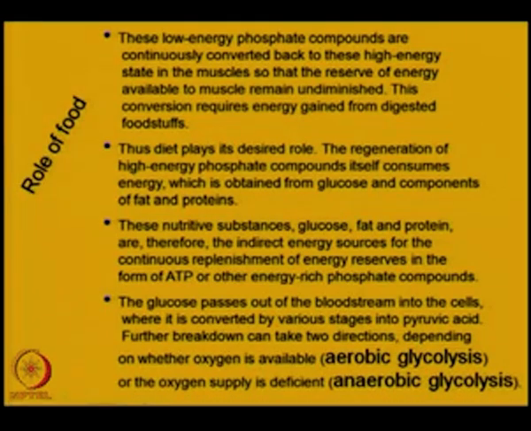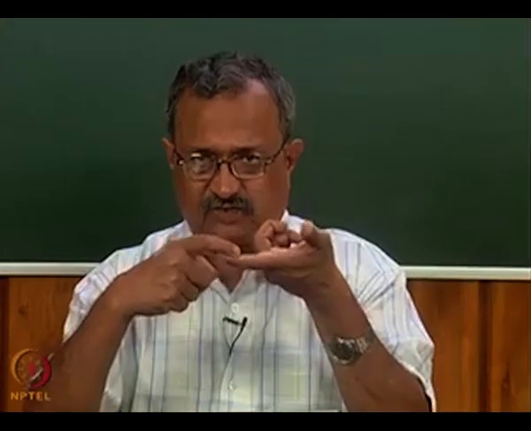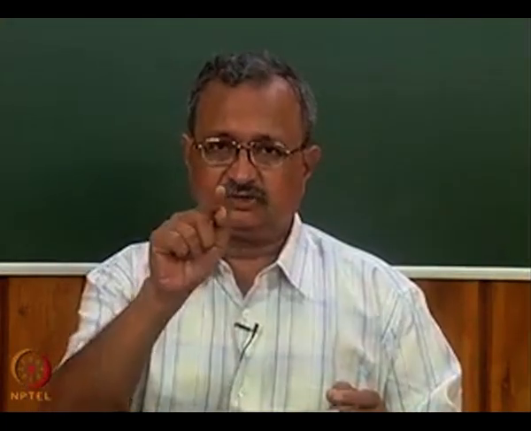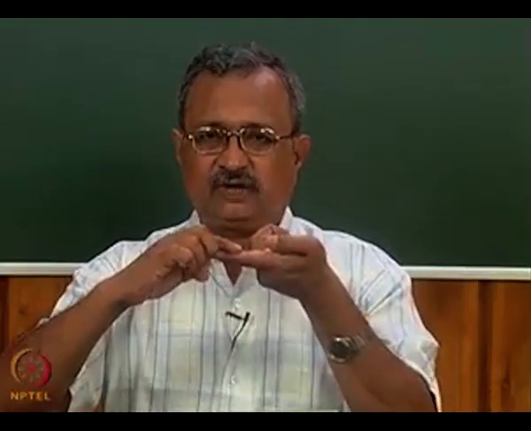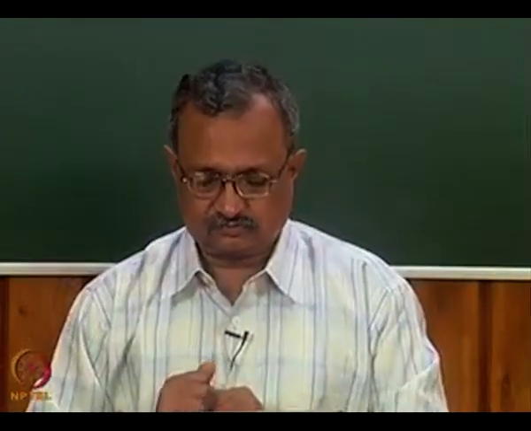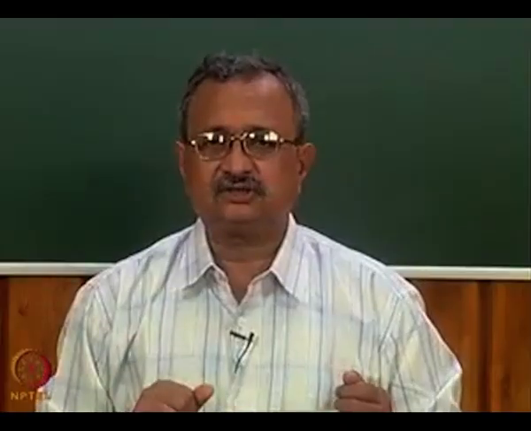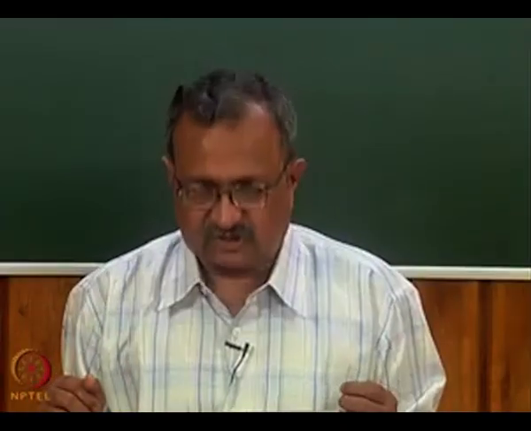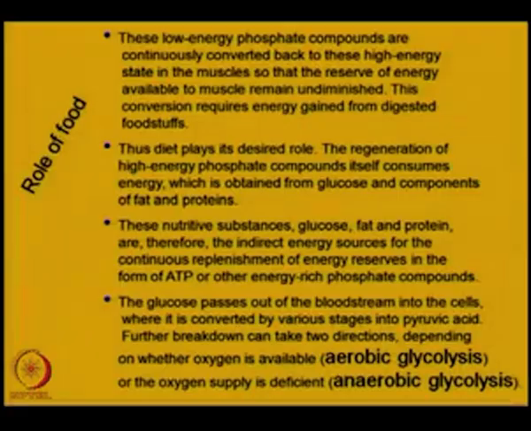So, when muscle contraction takes place, this ATP triggers the actin-myosin movement, and it breaks down to adenosine diphosphate. This total process is aerobic glycolysis. Now, if the oxygen supply is deficient, then the process is anaerobic glycolysis. Thus, diet plays its desired role.